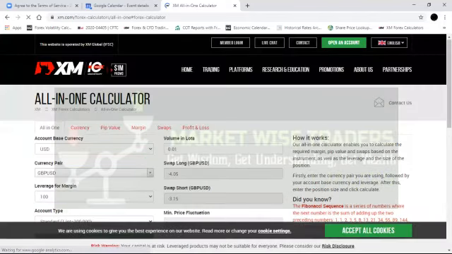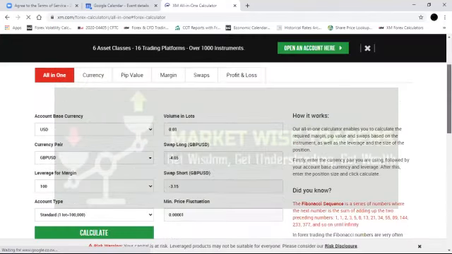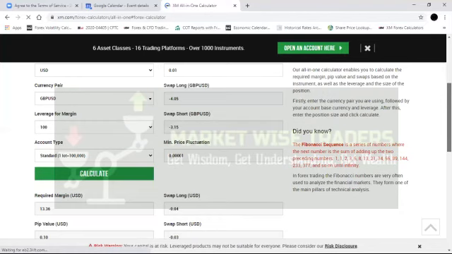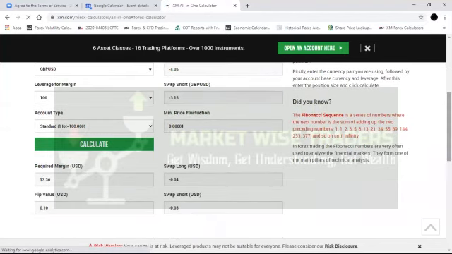Now remember what I spoke about the margin? You recall? We spoke about margin. Yes, as you can see, what does it say here? Required margin, right? You see what it says there? $13.36.